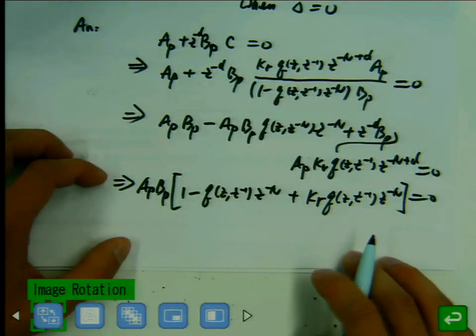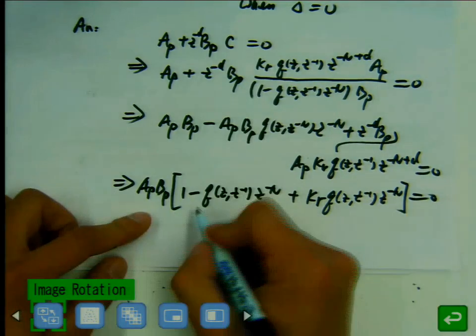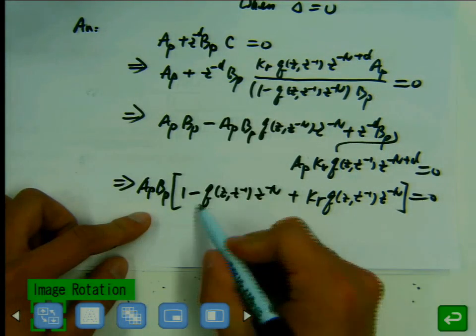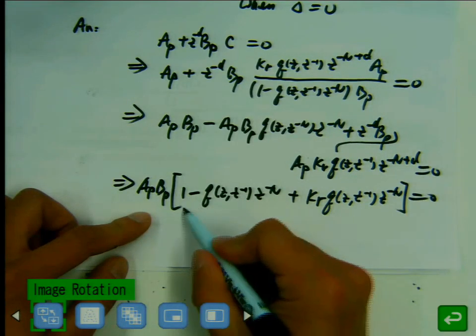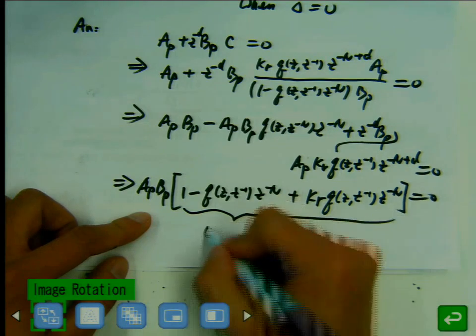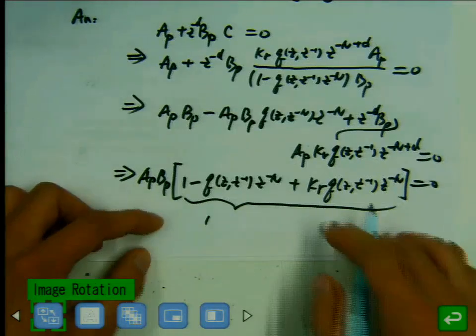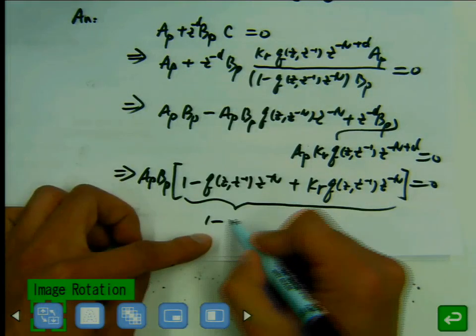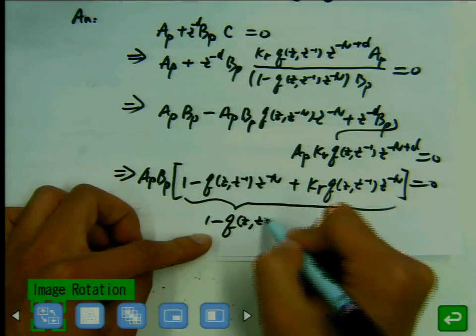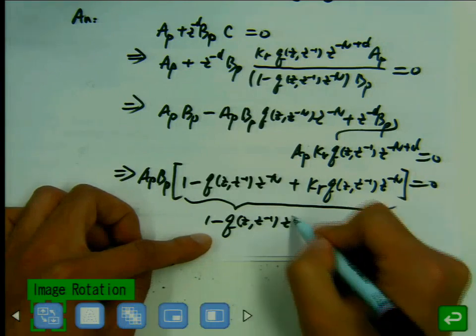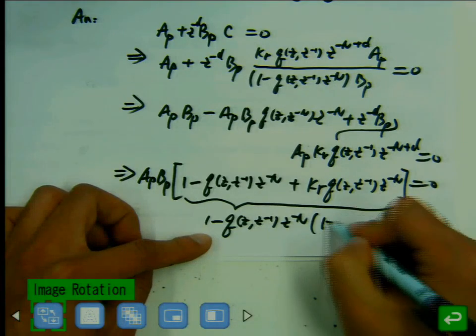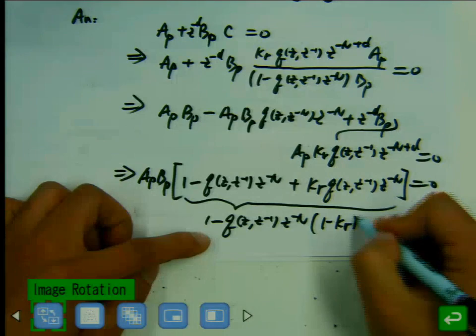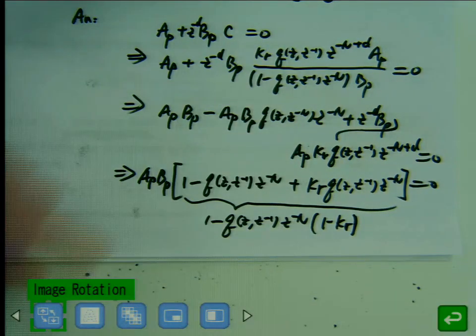Okay? So now, inside, let me combine these two terms. I'm going to get 1. Let me see, do I use plus or minus? Let me try minus first. 1 minus Q Z Z negative 1 Z negative N, 1 minus KR. Okay. Let me see.